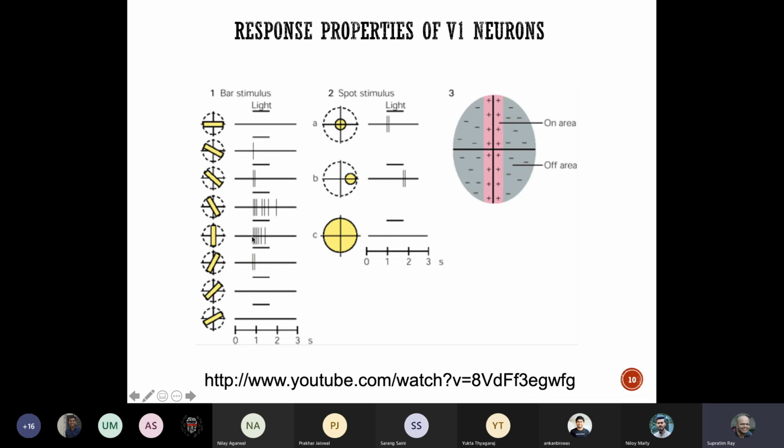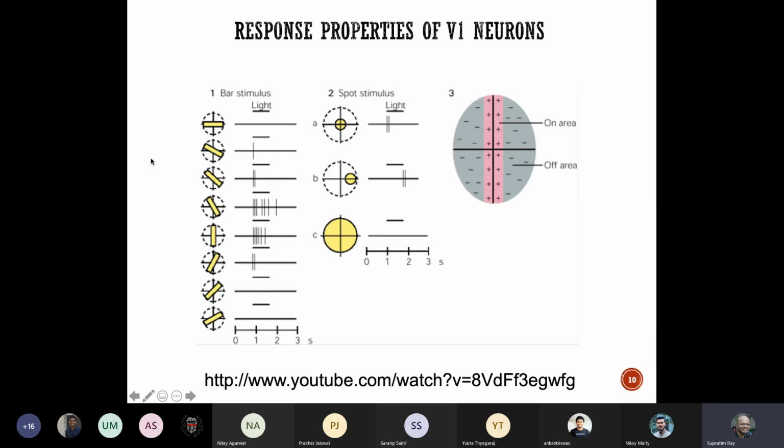Here, the action potentials, because they are very fast events, are represented as vertical ticks. Okay, so the neuron would fire, let's say, 6 action potentials when you present a vertical bar, but not a horizontal bar. Now, if you record from its neighboring neuron, you will find that that neuron likes 45 degrees. Another neuron might like 90 degrees.